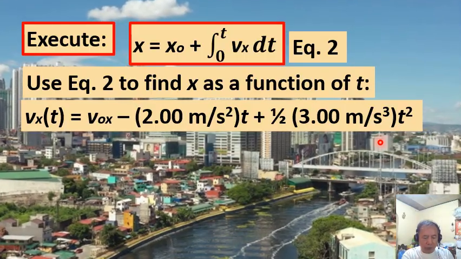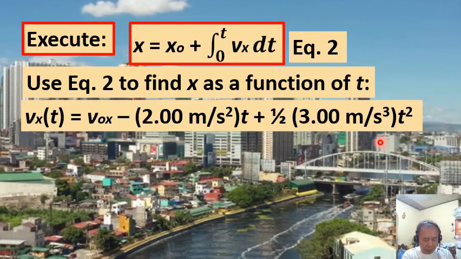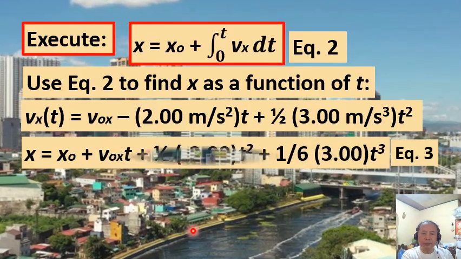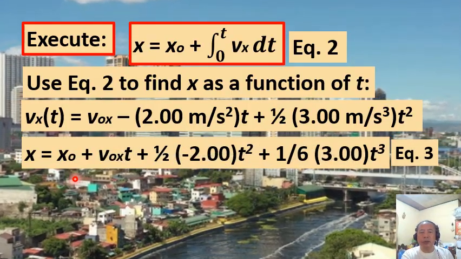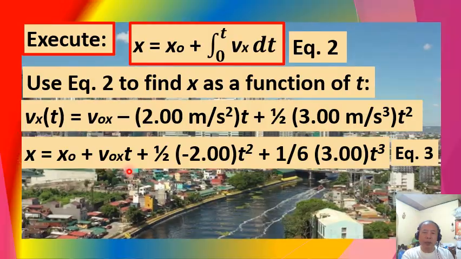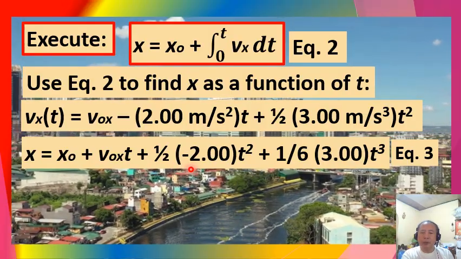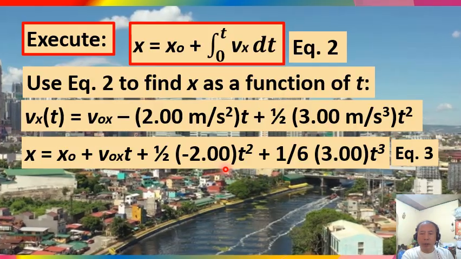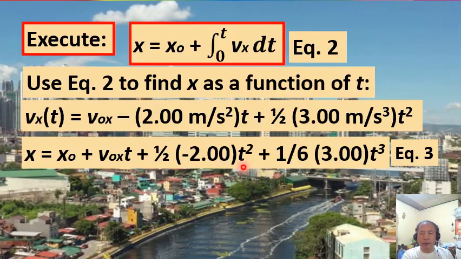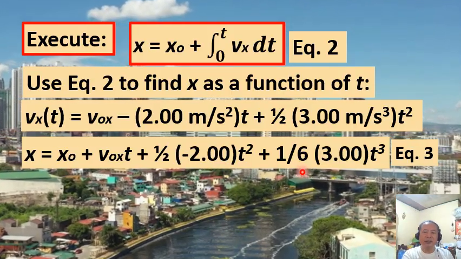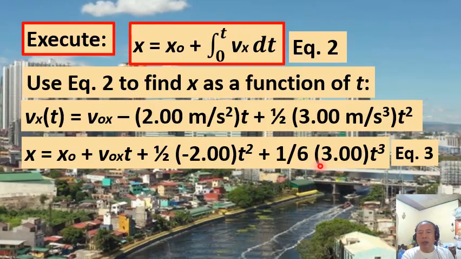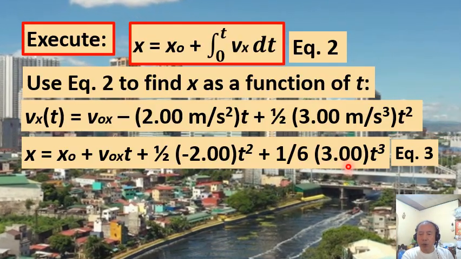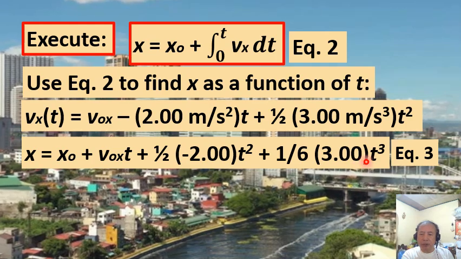Hence, our equation for the position x is x equals x_0 plus v_0x times t plus 1/2 times negative 2.00 m/s² times t squared plus 1/6 multiplied by 3.00 m/s³ times t cubed.